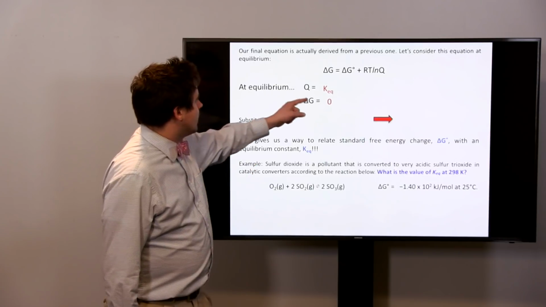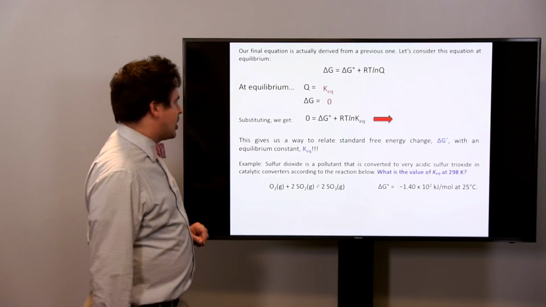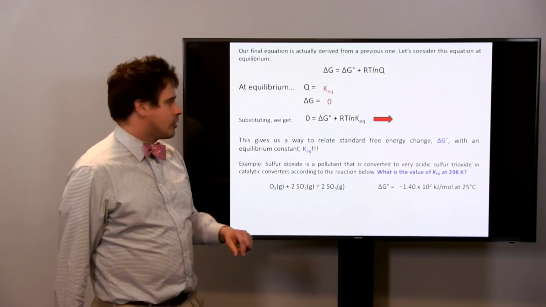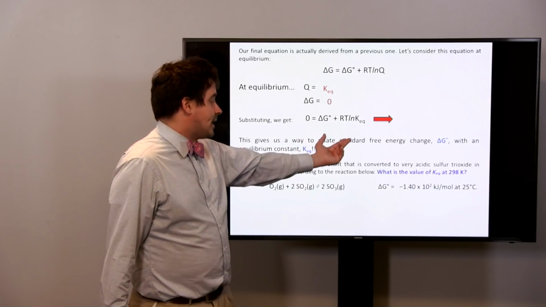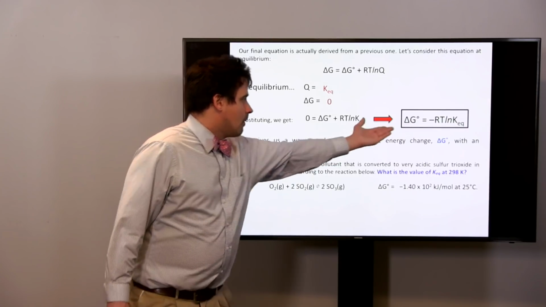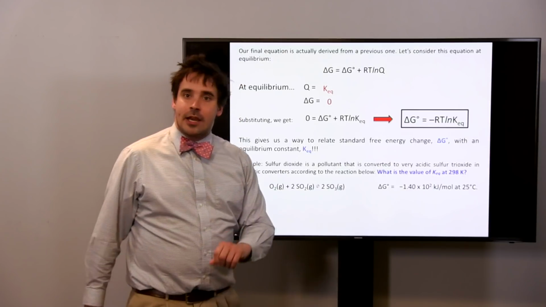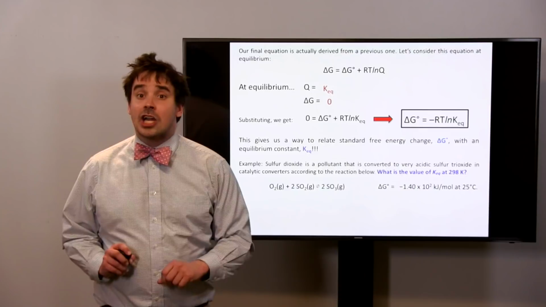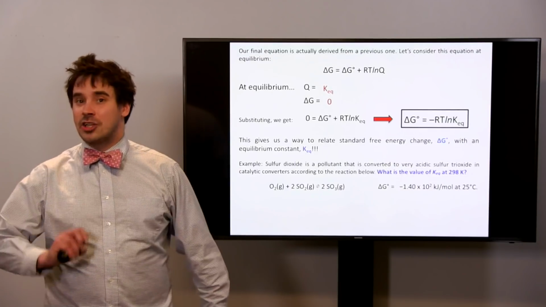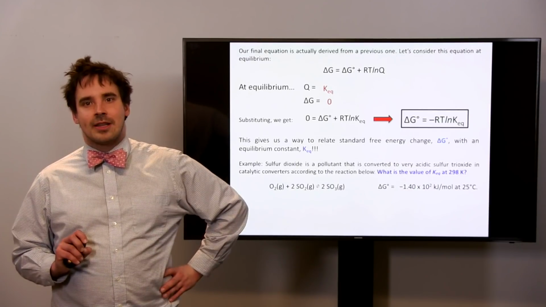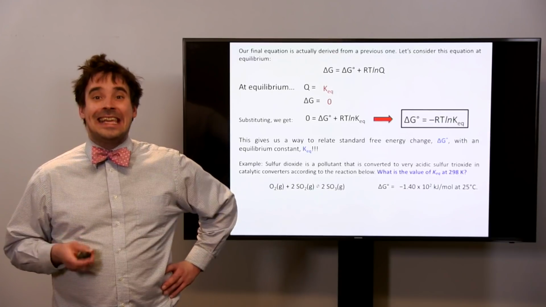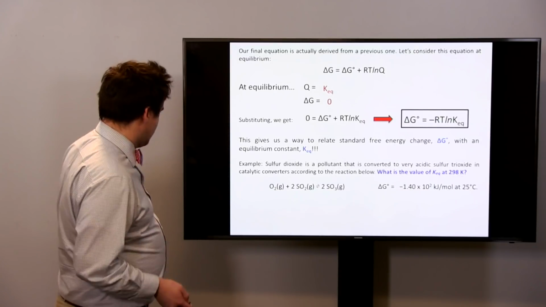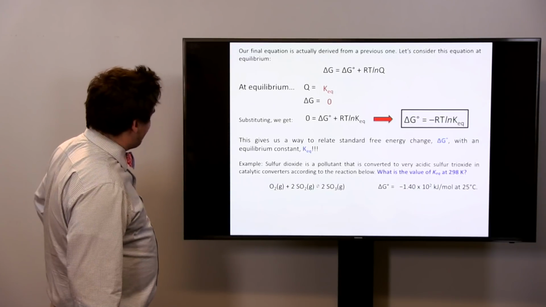So we're going to substitute these into that equation. We'll get 0 is equal to delta G standard plus RT times the natural log of KEQ. And then, voila! Delta G standard equals negative RT times the natural log of K. This is the equation that we'll use anytime we want to relate delta G standard and KEQ.